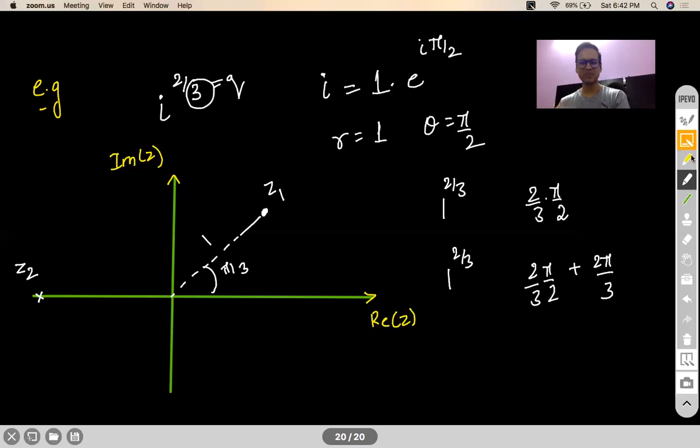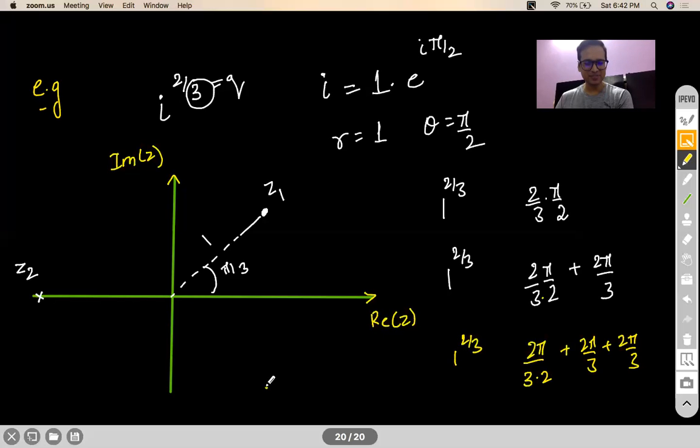By the way, I will also write down the values here, or I will write it down a little later on. Okay. Then again, the next root will be 1 to the power 2 by 3, and further, there will be an increment of 2 pi by 3. Okay. So next root will come over here. So let's say this is Z3. And again, this is at a distance of 1 only. Got it?